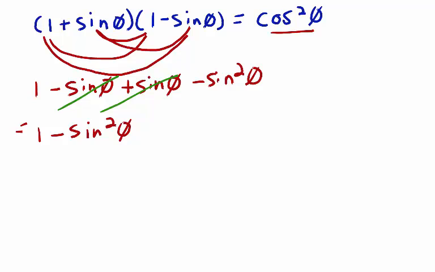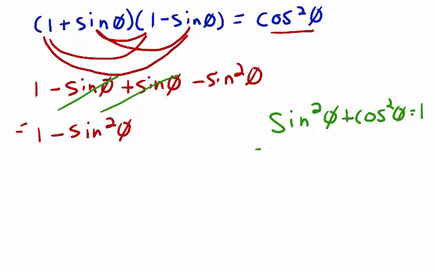If we consider our Pythagorean identities, we know that one of them is sine squared theta plus cosine squared theta equals 1. As I said earlier, this may be possibly the most frequently used Pythagorean identity. It's certainly very useful.